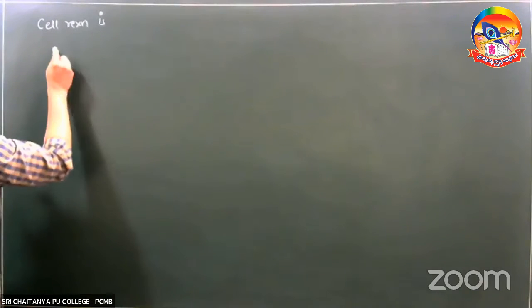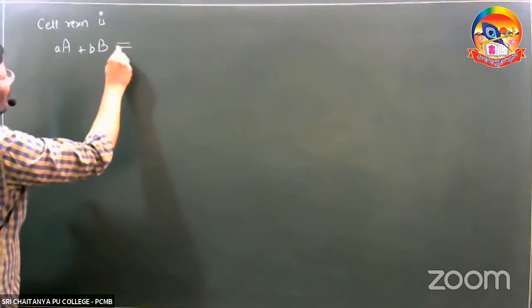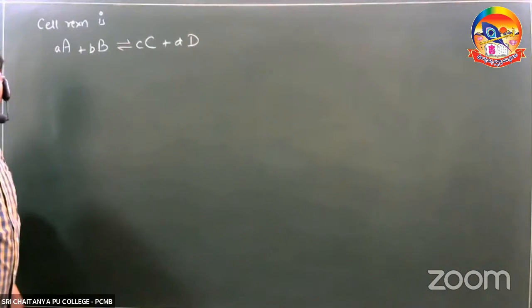Suppose the cell reaction is small a moles of A, small b moles of B. This is the cell reaction. So for this, what is the Nernst equation you write?